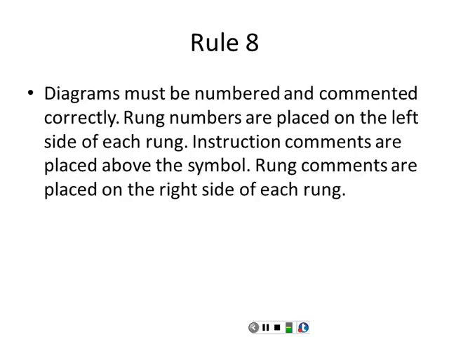Comments are to be placed above the symbol. And rung comments are to be placed on the right side of each rung. If you've never had motor controls, this is a little look at 96. So notice that this thing has 3 rungs. Everybody okay with that? See where they're numbered? 1, 2, and 3.